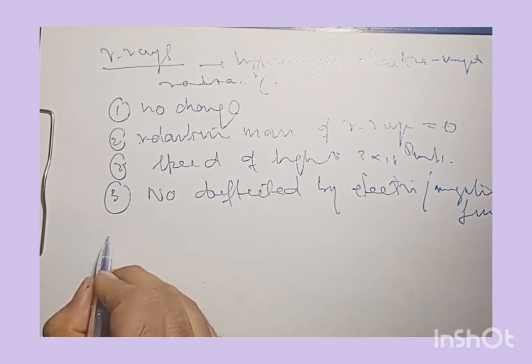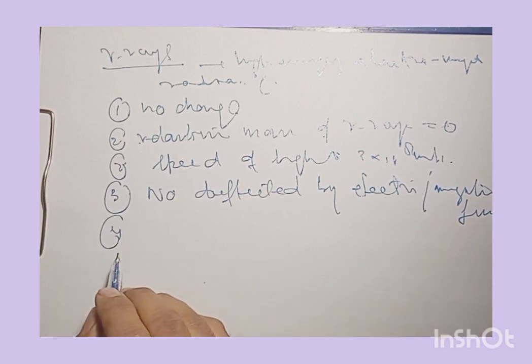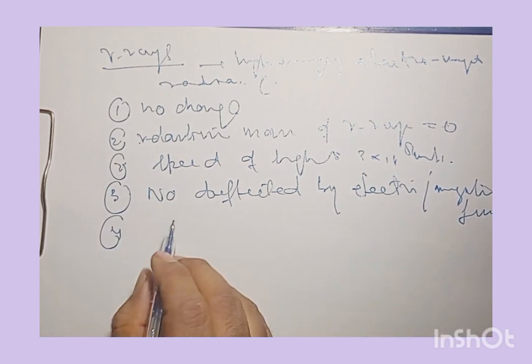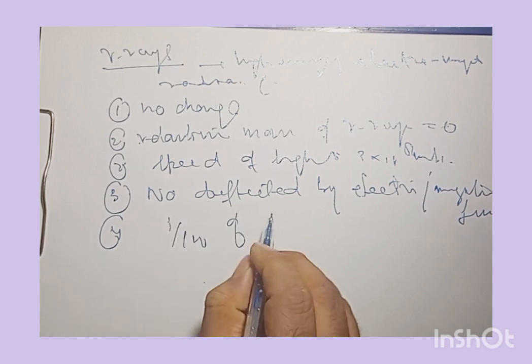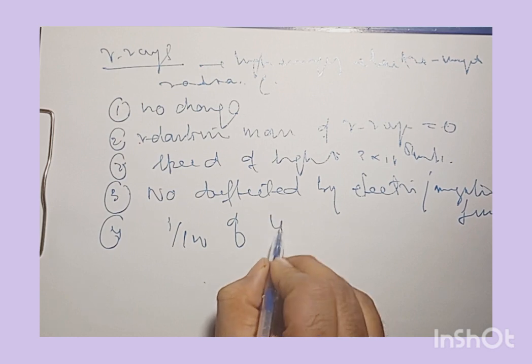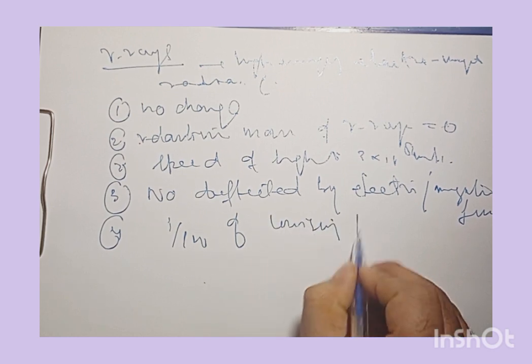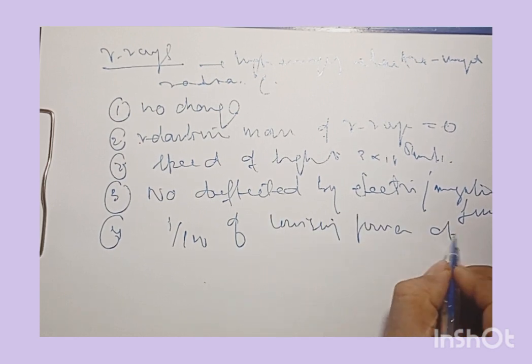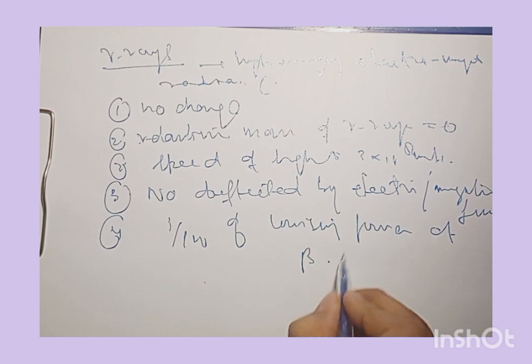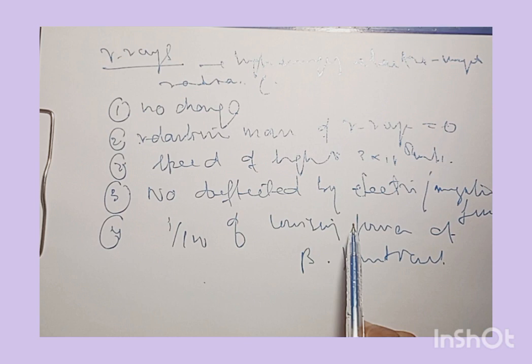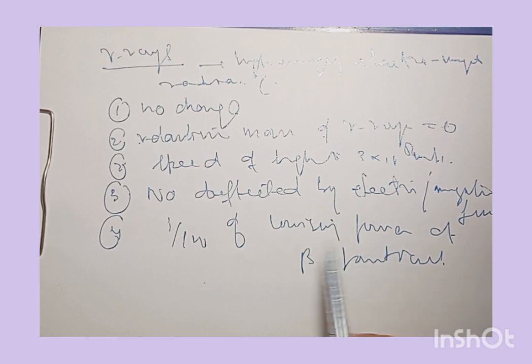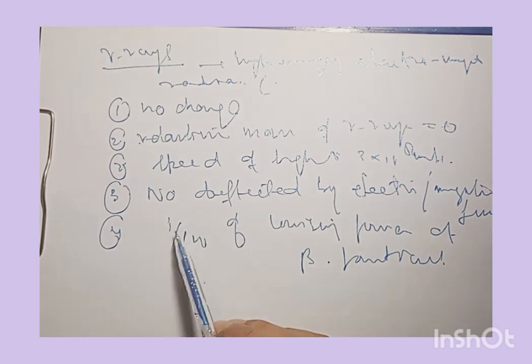They cause ionization, but their ionizing power is 1/100th of the ionizing power of beta particles. I think I made a mistake in the previous case when I was talking about the ionizing power of beta particles.